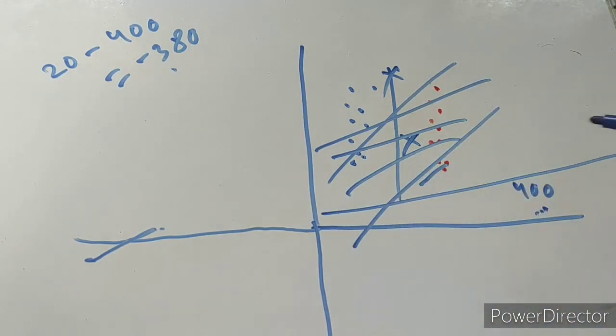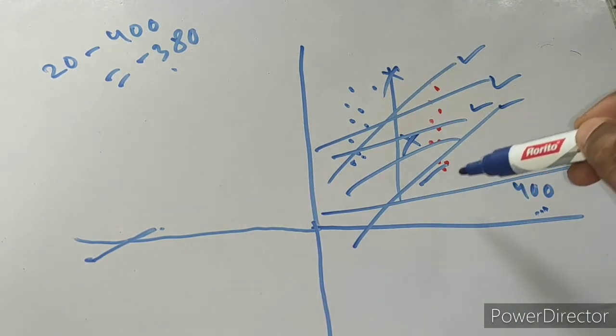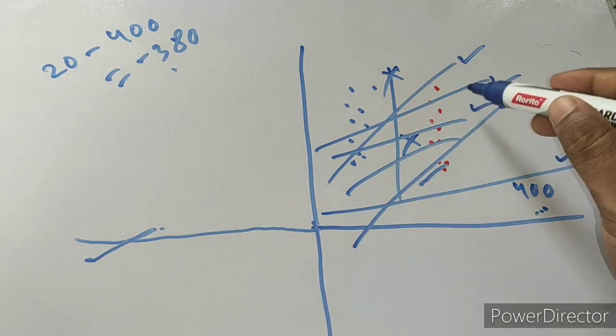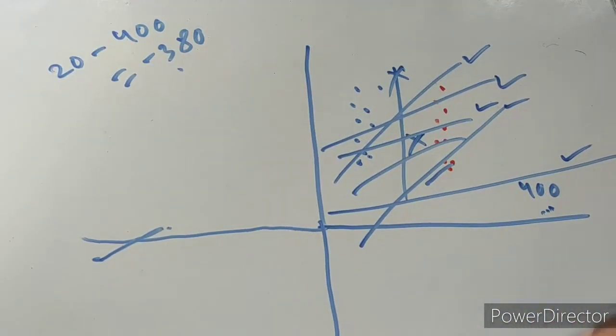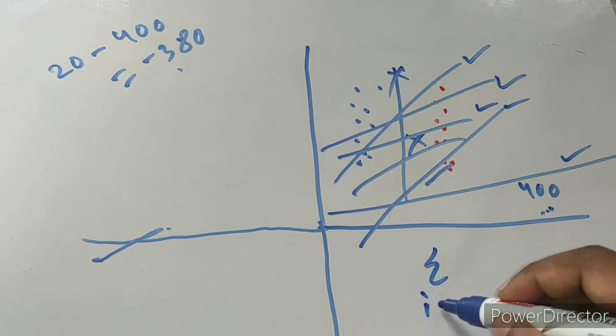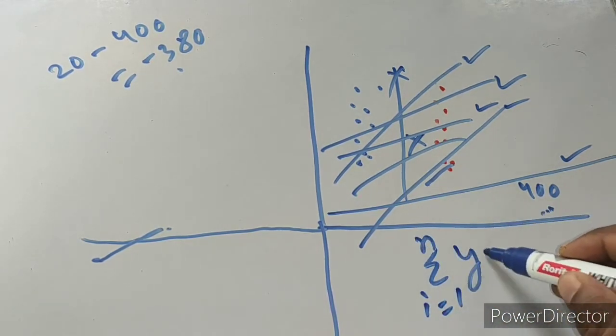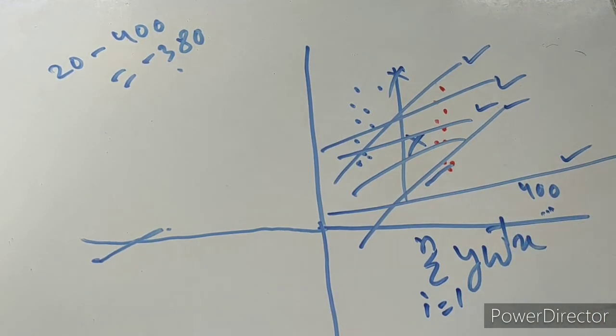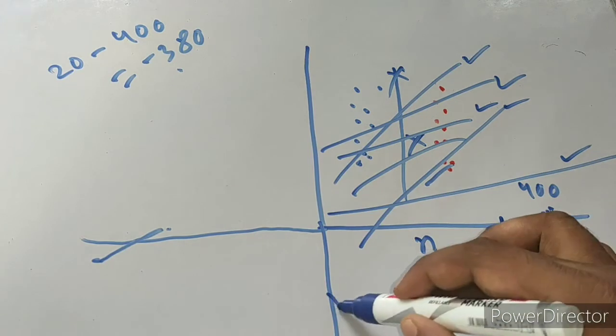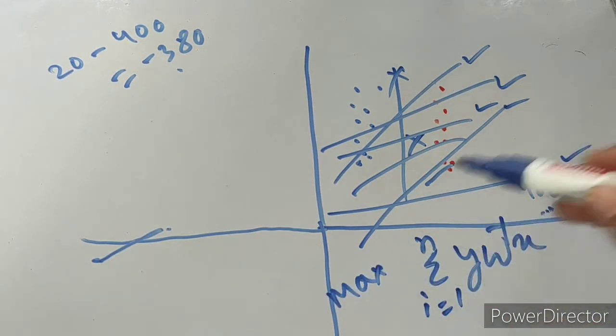So whether this line has to be taken as the best fit line, or this, or this, which line do we need to consider? For each line, the summation of i equal to 1 up to n of y WTX has to be considered, and whichever line has the maximum value, that value we have to consider.